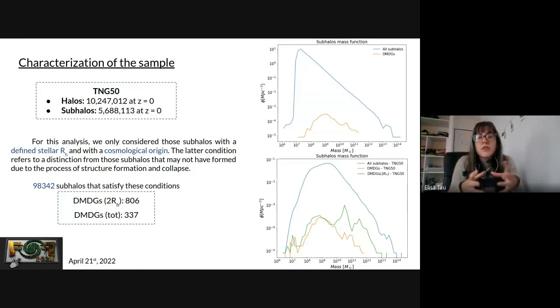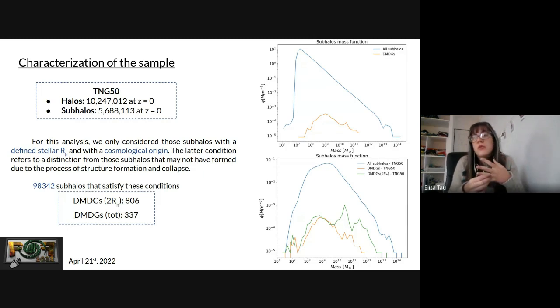Because there are some structures that may have formed due to, for example, collapses or mergers between other galaxies, and it remains a clump. So this galaxy would not have a cosmological origin because it didn't form due to structure formation.